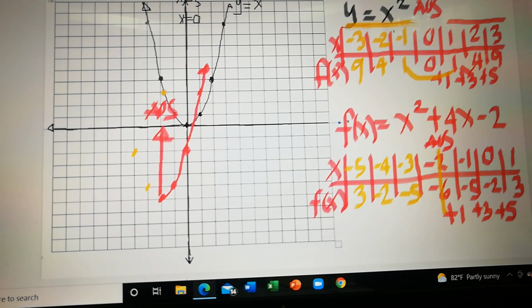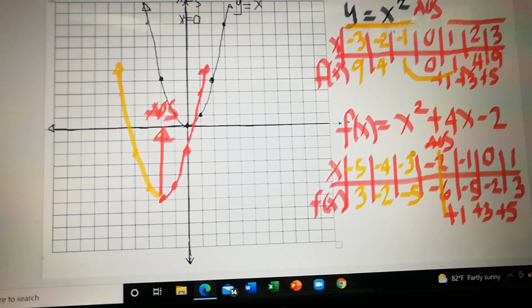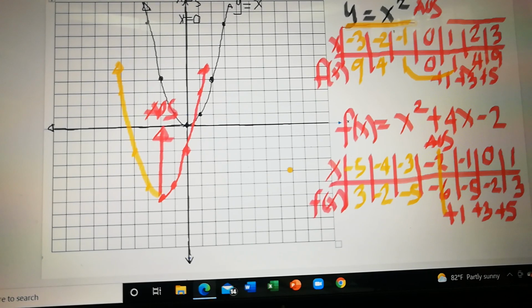This one is 3 units to the right, 3 units to the left. So this is now the graph of the parabola y equal to x squared plus 4x minus 2, or f of x equals x squared plus 4x minus 2.